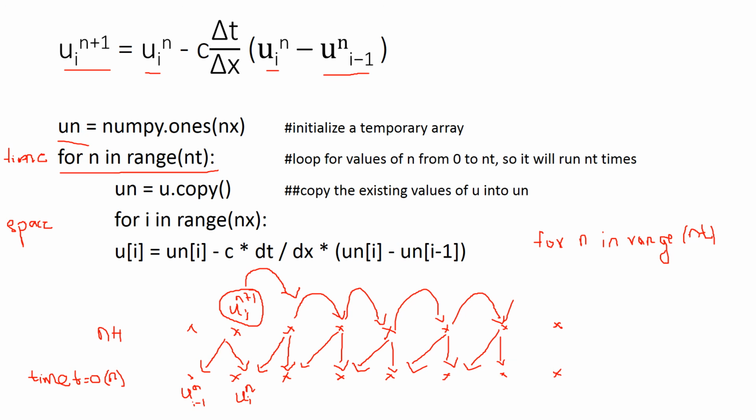If we have 41 points, this will continue till the 41st point, and once it completes, it will come out of the loop. Then it will go to the next time step, that is n plus 2. So this is the first time step, then the second, and it will continue to the 25th.